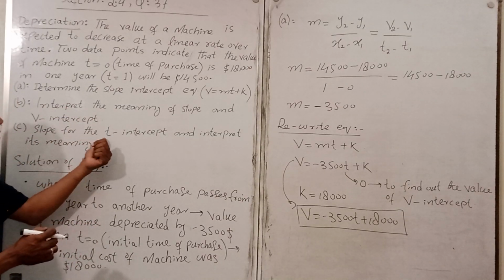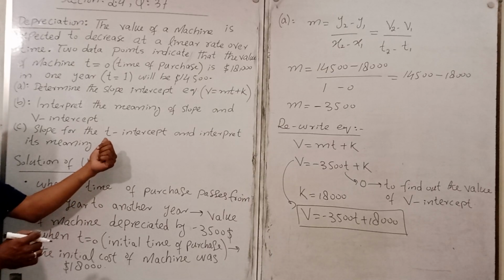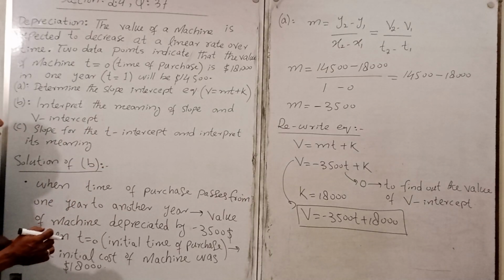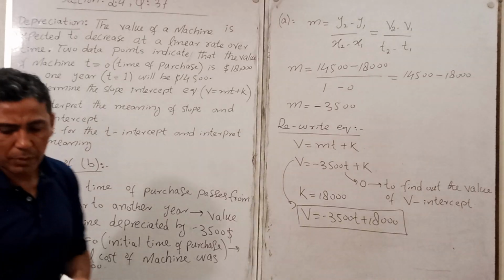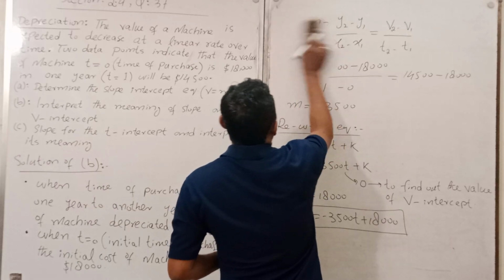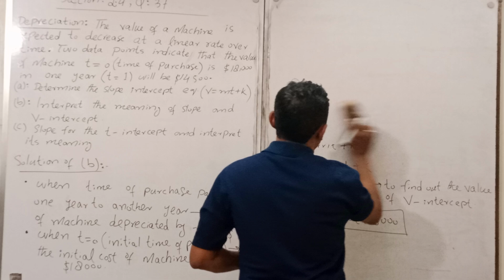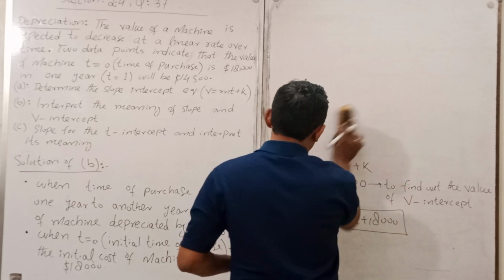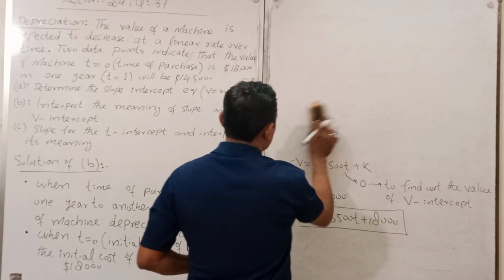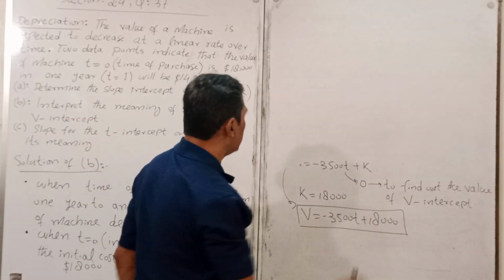Now solve for the t-intercept and interpret its meaning. Okay, for the t-intercept, that is our equation.